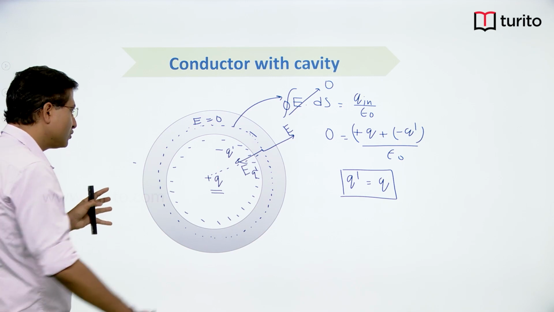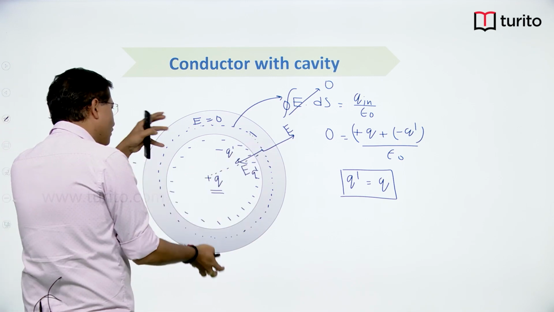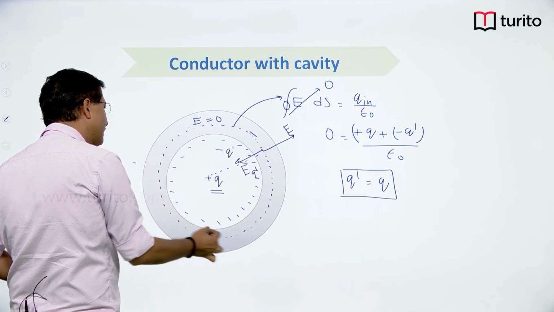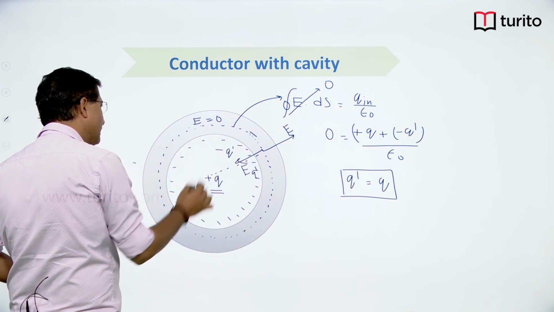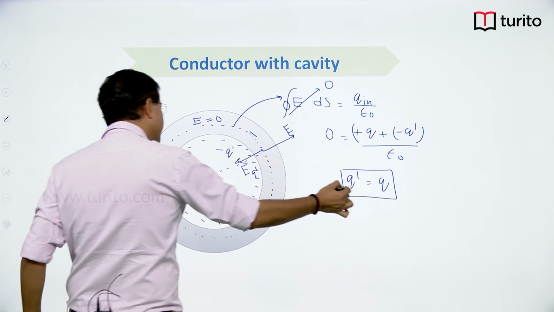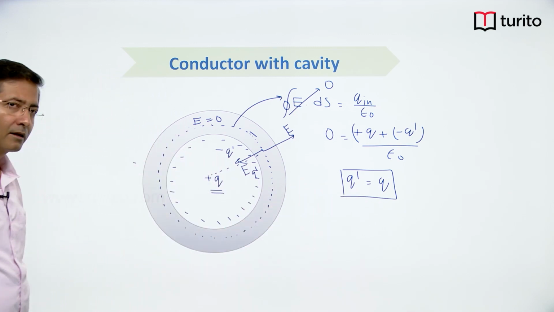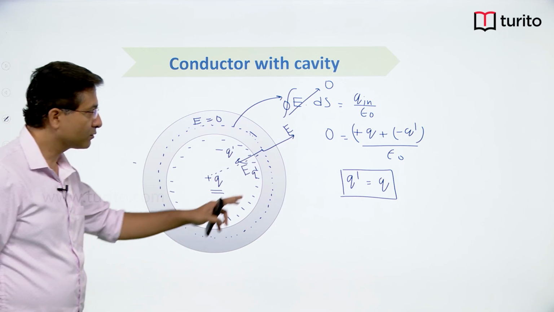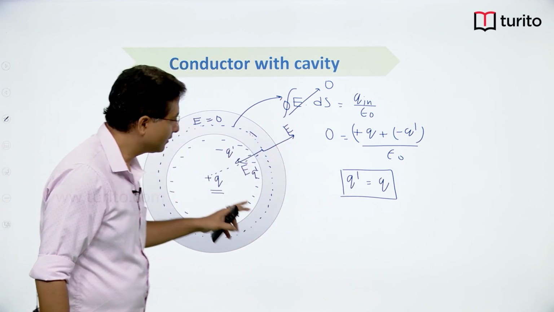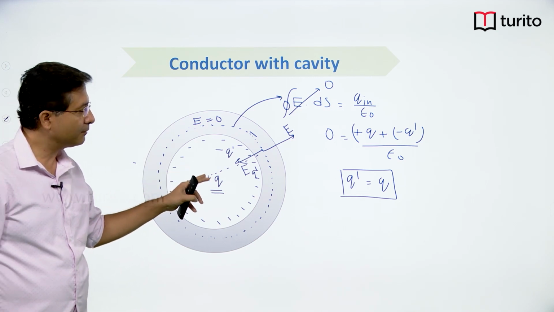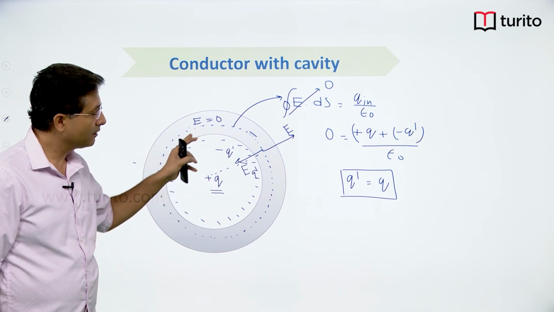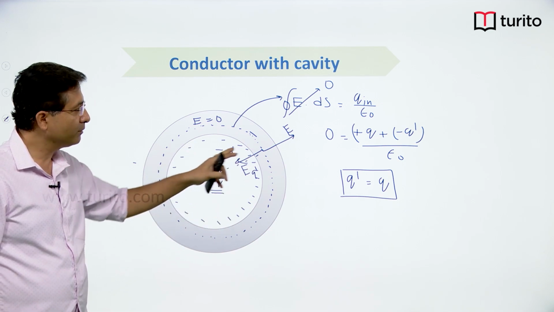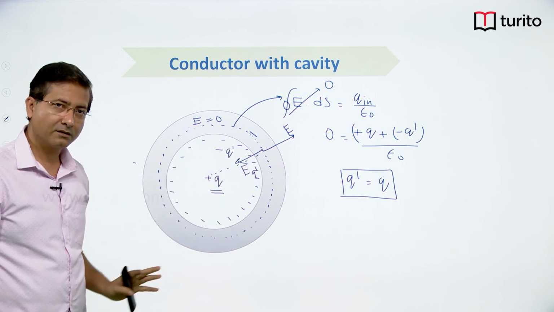So charge starts drifting towards the wall of cavity, and on the inner wall of cavity equal amount of the charge will appear, sign opposite, right. So first point we got, whatever you are keeping here, same charge is appearing on the wall of cavity to make the net field inside the conductor 0, right.